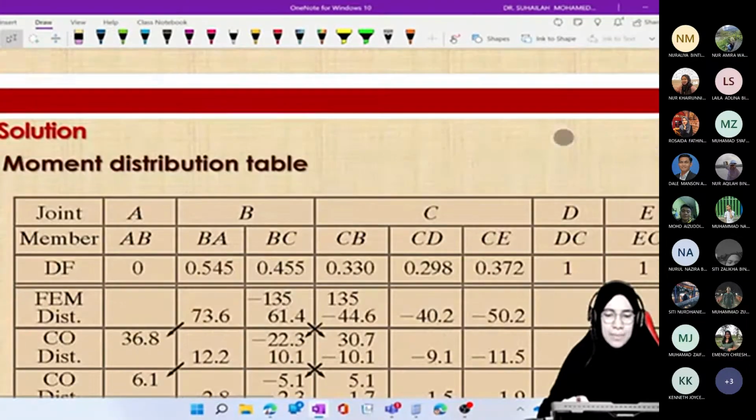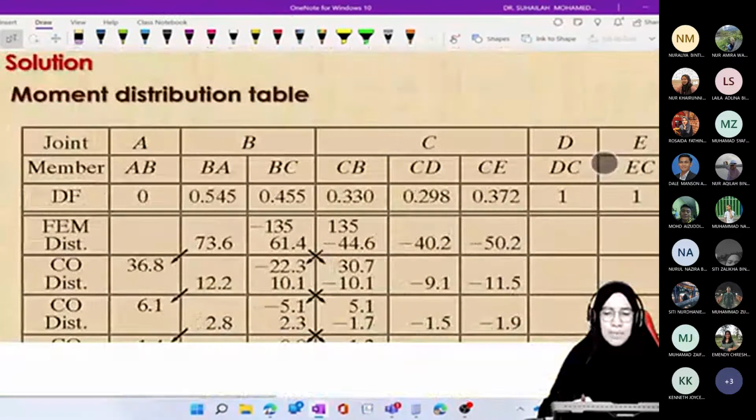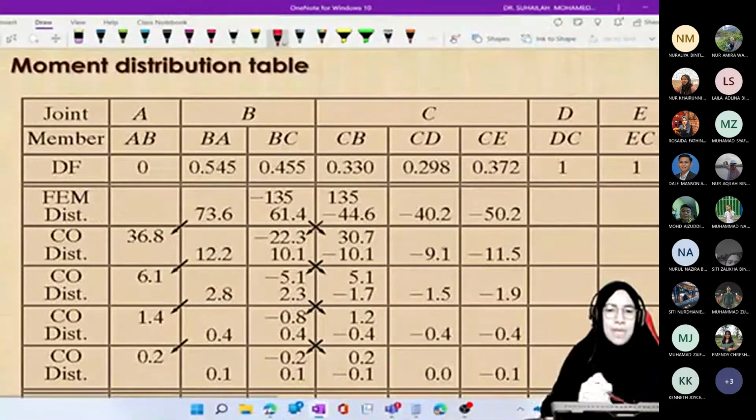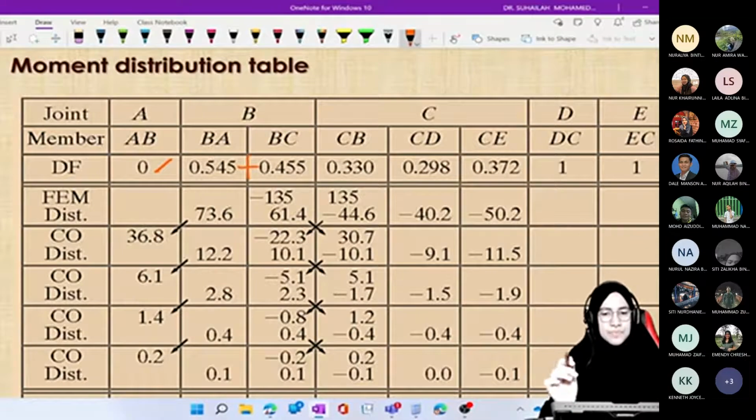And then we move to the table. For AB, the distribution factor is 0. For BA plus BC, the total equals 1: 0.545 and 0.455.